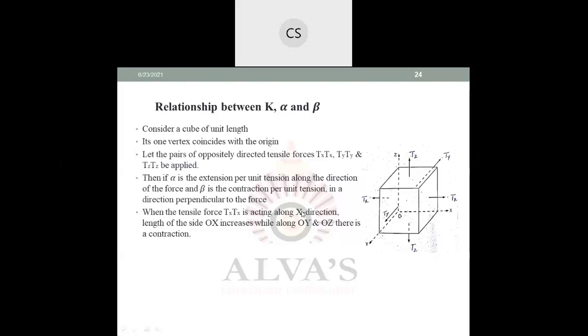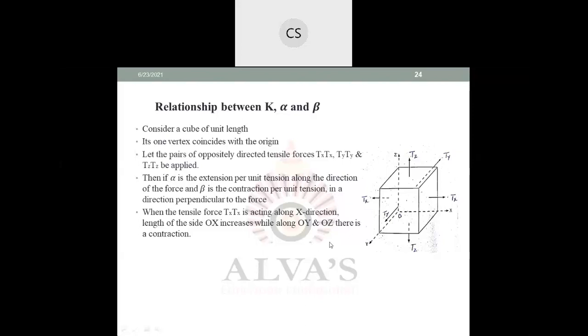At the same time, there is a contraction. Now we are assuming only force in the x direction. Because of the force acting in the x direction, there will be a contraction along the OY and OZ directions. Now we have understood that there is a longitudinal strain and a lateral strain.